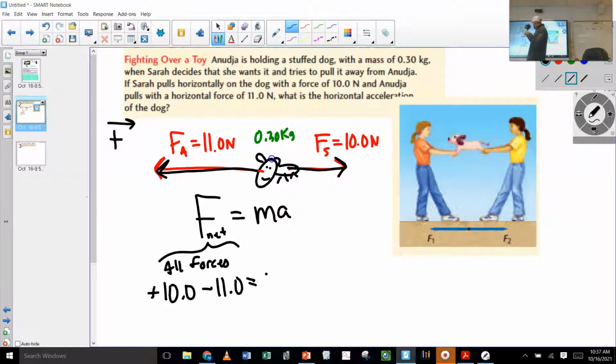The mass is 0.30, and then I can solve for my acceleration. So 10 minus 11 is negative 1. So then I'm going to take negative 1 divided by 0.3.